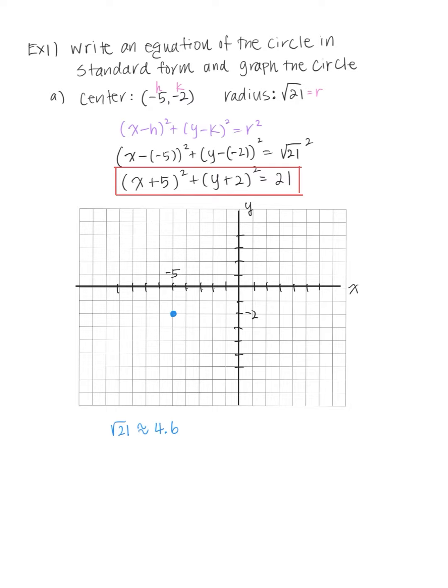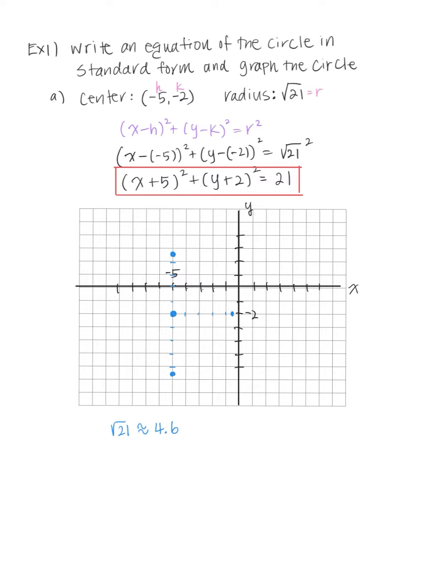Okay, so let's do it. So 4.6 above will be 1, 2, 3, 4.6. Maybe it's right here. And then let's go downward. 1, 2, 3, 4.6. Okay, to the right. 1, 2, 3, 4.6.